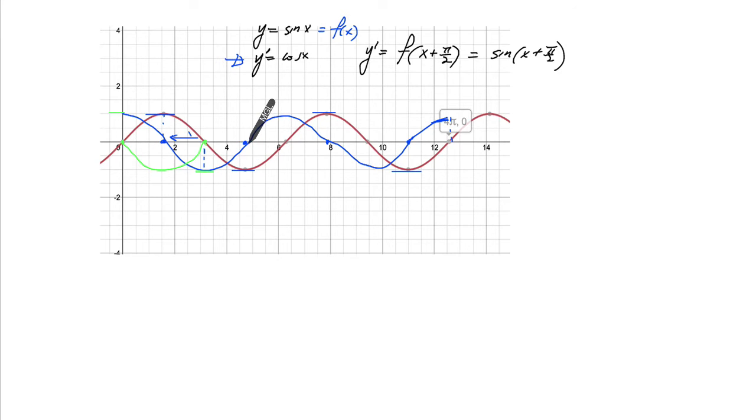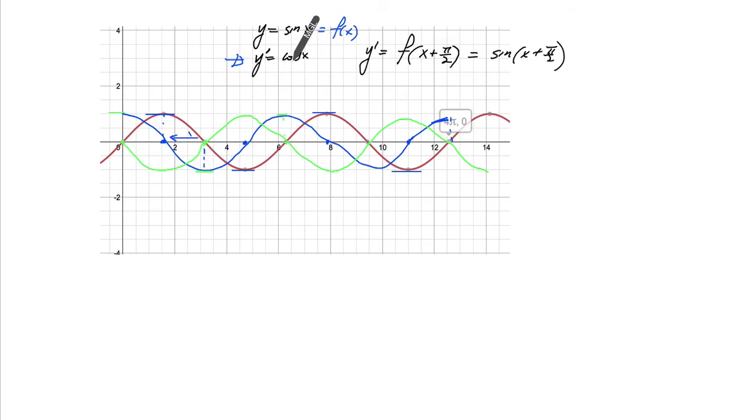And guess what? Again, here is 0. Compared with the original y equals sine of x, it's exactly a reflection on the x-axis of the original function.